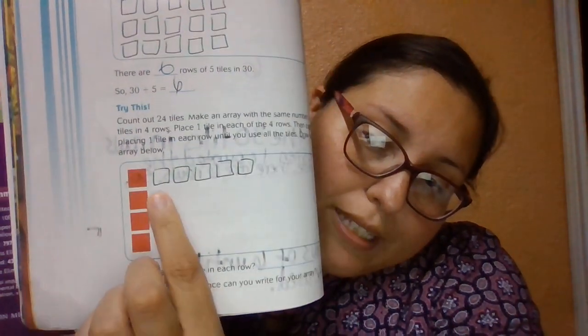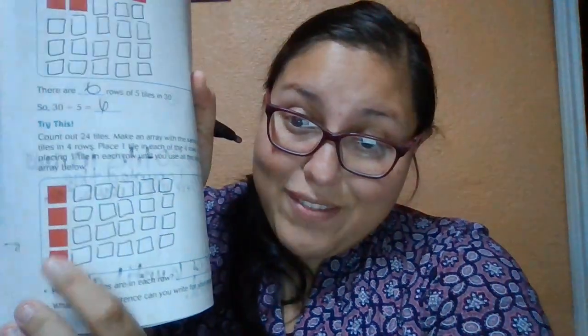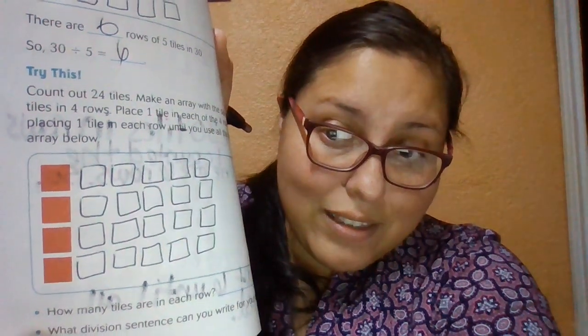And now we're going to put 6 here, and another 6 here. Because that's going to show us how we have 24 tiles all together. And we're going to divide those tiles into 4 equal rows. So now I have the 4 rows and each one has 6 tiles in it. So go ahead and draw that in this box.